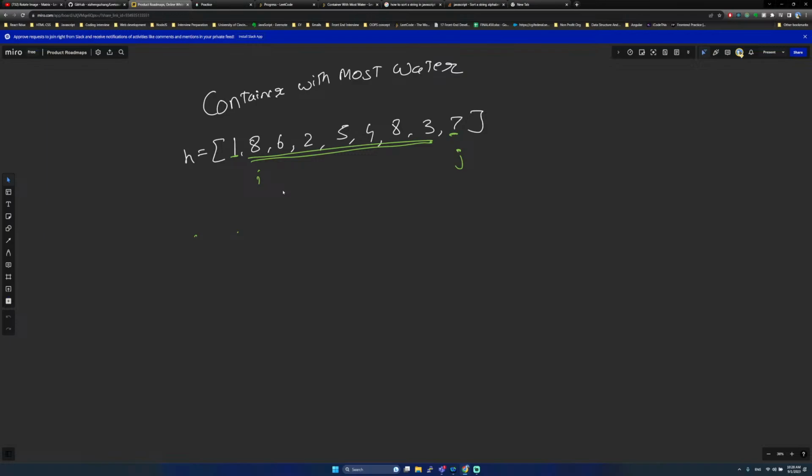So we calculate the area, update it, and then decrement this one. Then we do the same thing again, and so on, until i is less than j.